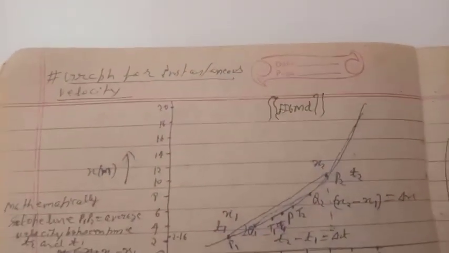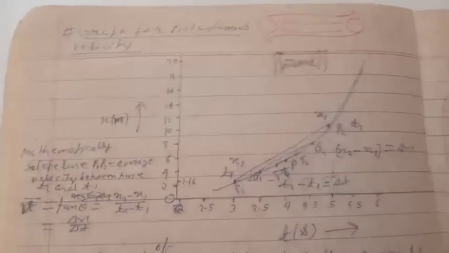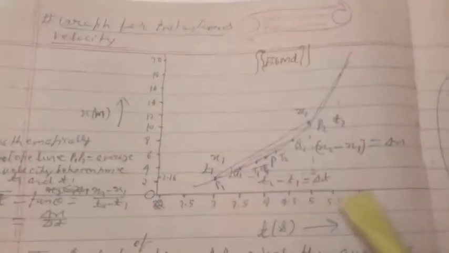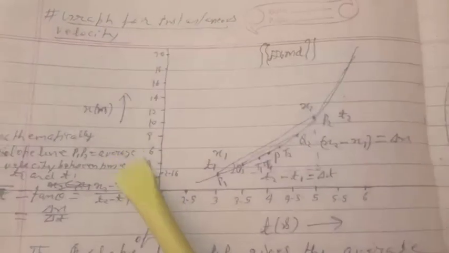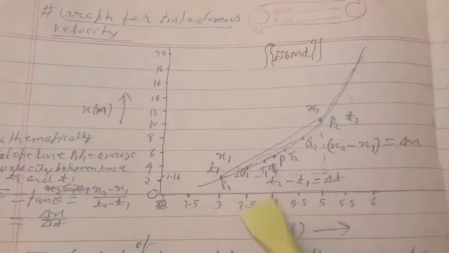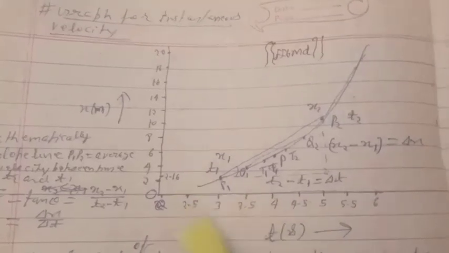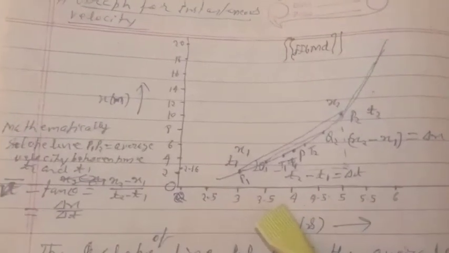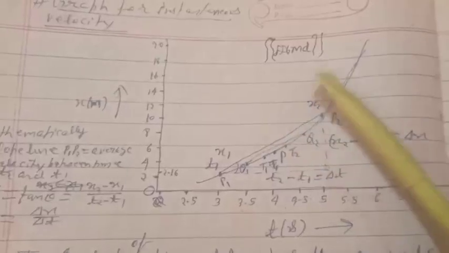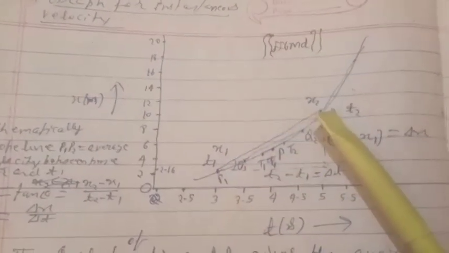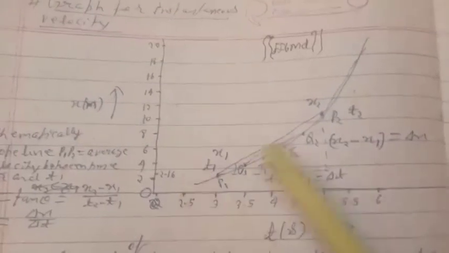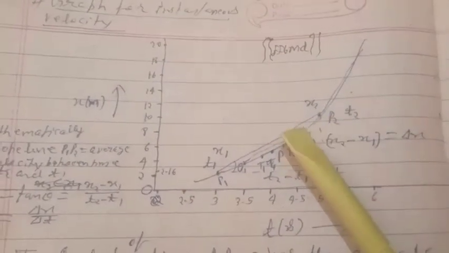Graph for instantaneous velocity. Here a graph is shown between position and time. A point P1 and a point P2 are taken at time t1 and at time t2.